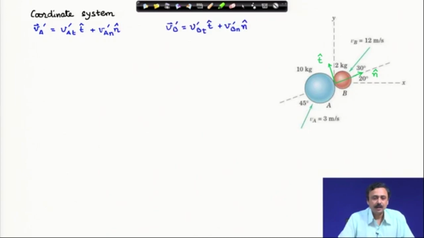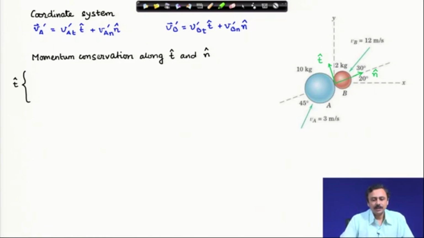Similarly, the outgoing velocity of particle B is V B prime, again represented using the tangent and normal unit vectors: V B tangential prime t cap plus V B normal prime n cap.